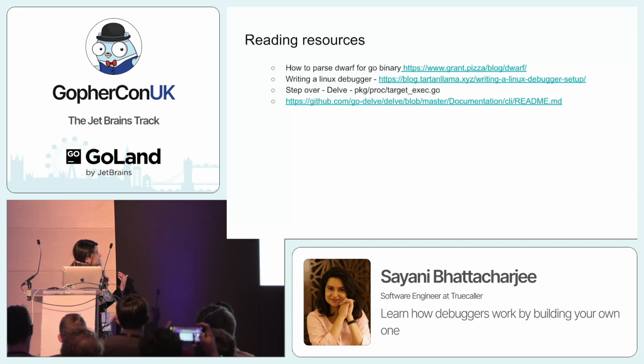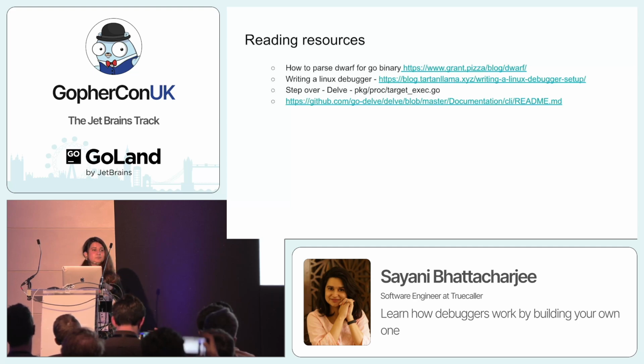Writing a Linux debugger is what I was talking about, which Cy Brand has written. It's one of the best technical articles I've read in my life. You should check it out. It's a bit extensive, but he mostly covers everything in depth.